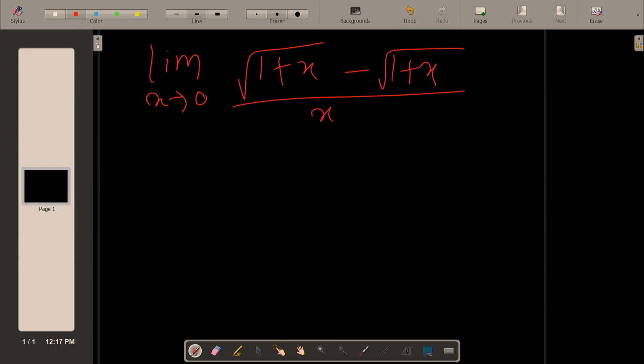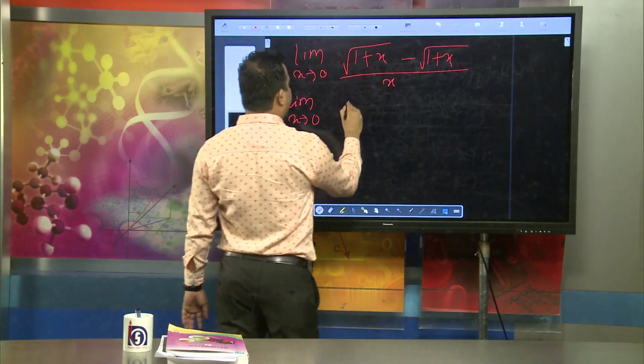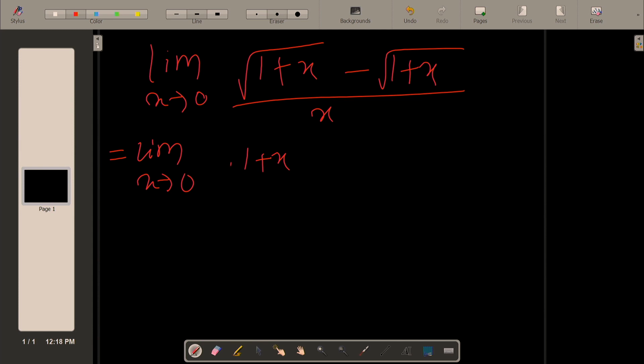So what we have done is, I can write limit x tends to 0, a plus b, a minus b. You know that we can use the formula a square minus b square. So I can write square root of 1 plus x minus square root of 1 plus x.